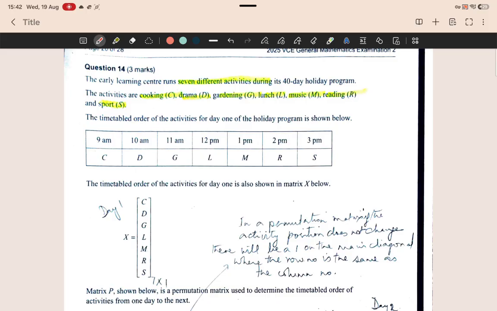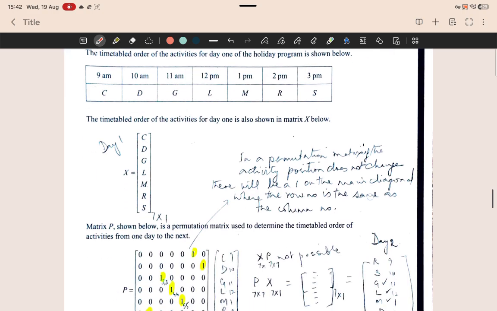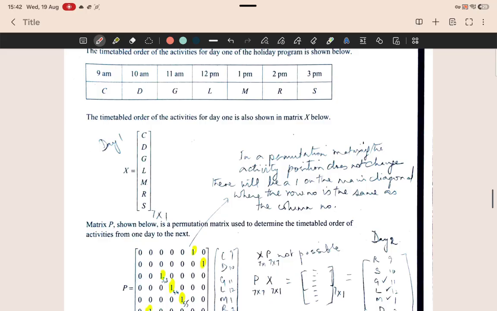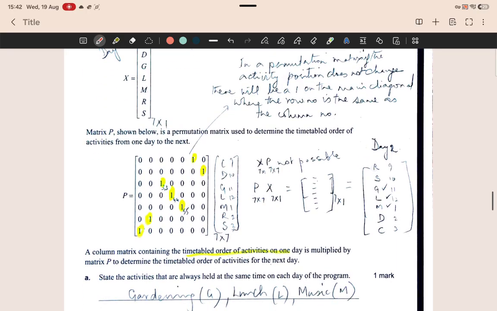The timetabled activities have been given to you as a matrix X, according to the time from 9 a.m. to 3 p.m. And then they give you a matrix P, a permutation matrix because it consists of ones in every row and column, one set of 1s, used to determine the timetable order of activities from one day to the next.